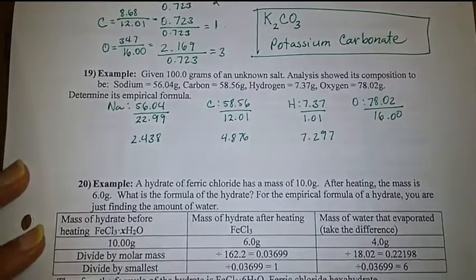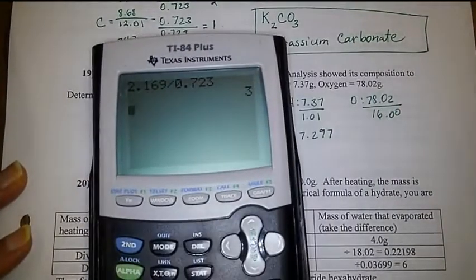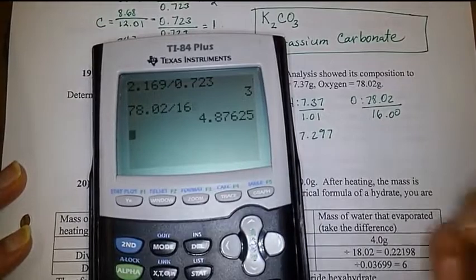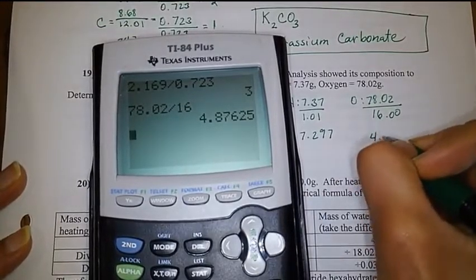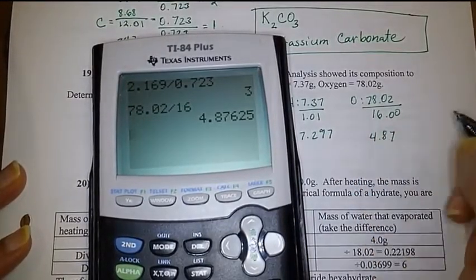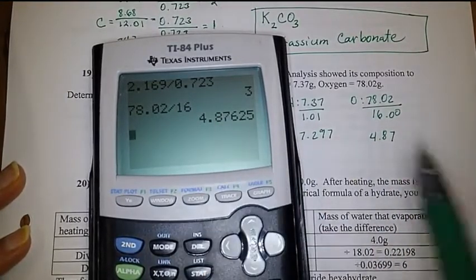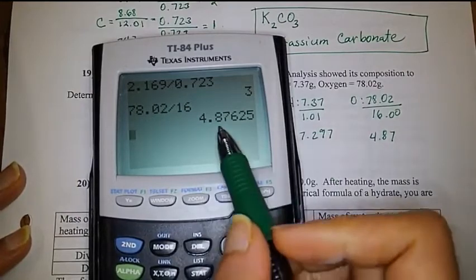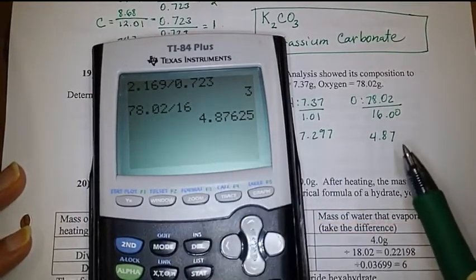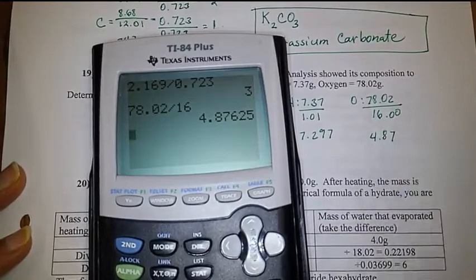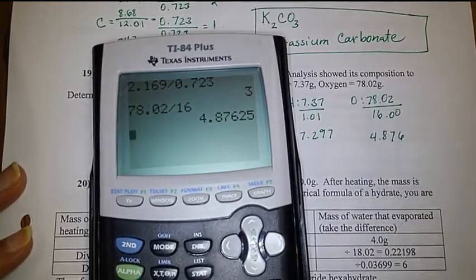And then I'll just do the oxygen, the last one with you, which is 78.02 divided by 16. That gives us a number, 4.87. And I just want to get up to 3 values. These numbers are exceptionally long, so up to 3 decimal points or 4 decimal points is fine. I'll go ahead and get it up to 3 decimal points. That's fine with me. Okay?